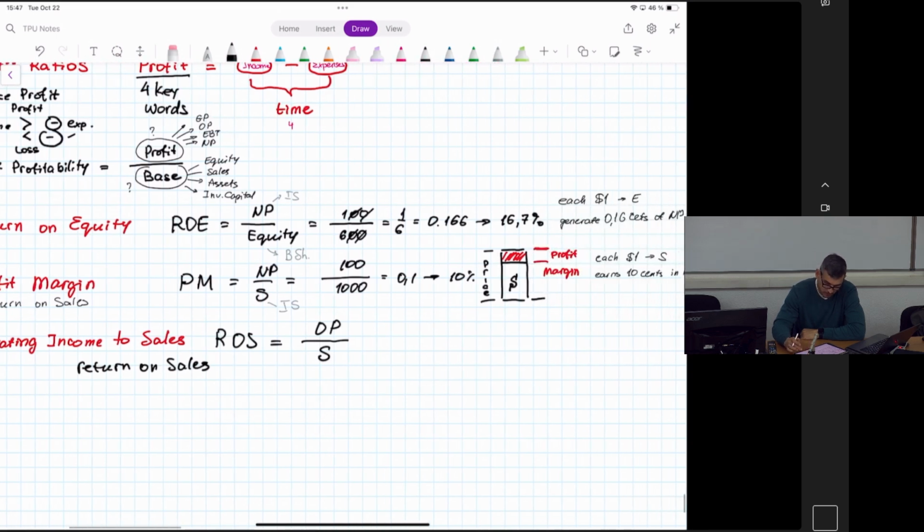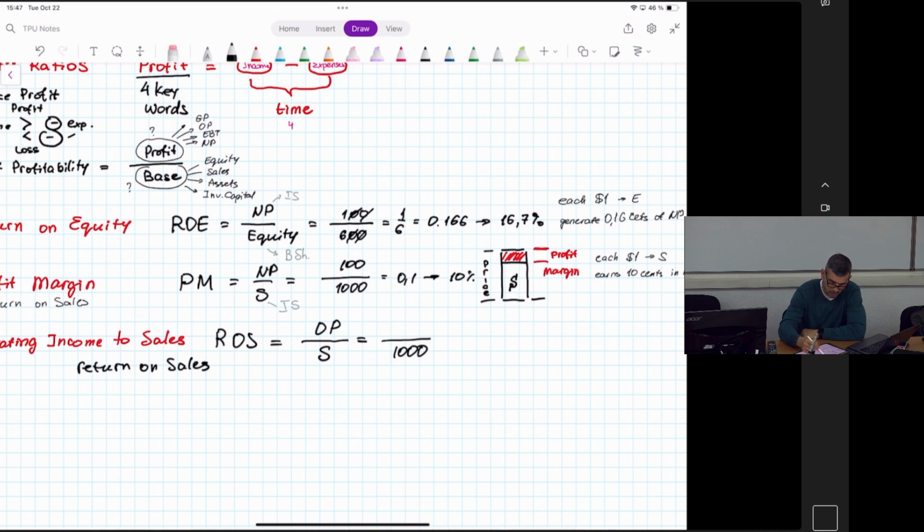Okay. So the idea here is that we relate not net profit, but operating profit. That's the only difference. Profit margin is net profit by sales. Return on sales is operating profit by sales. Okay? So how much is it going to be in our case? We know sales is 1,000.